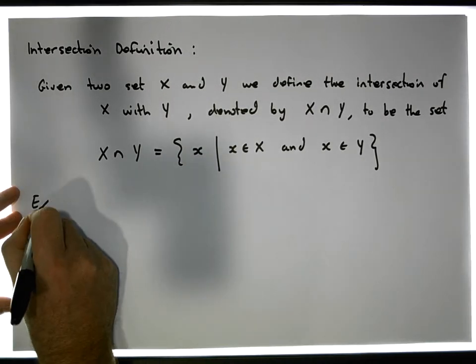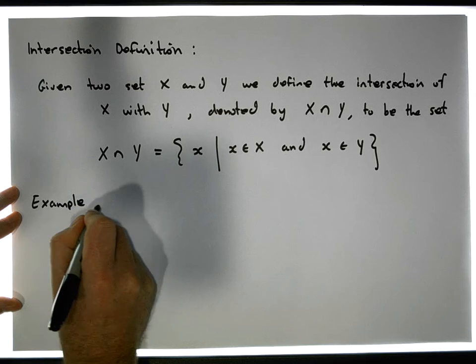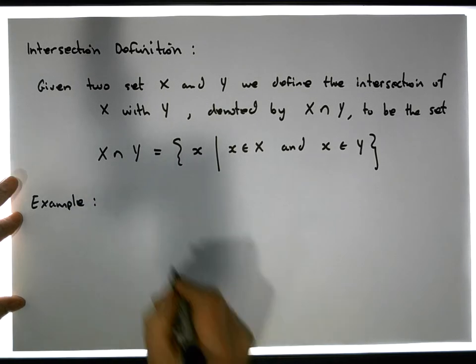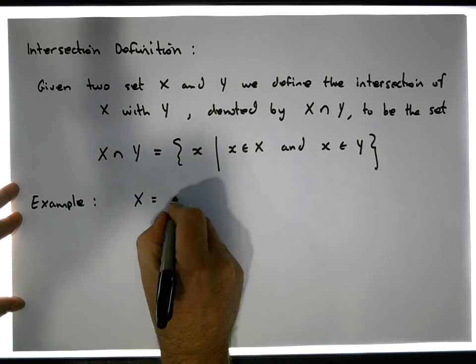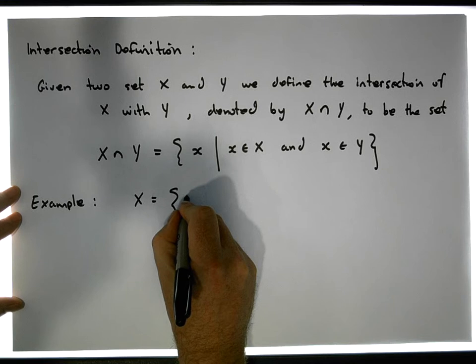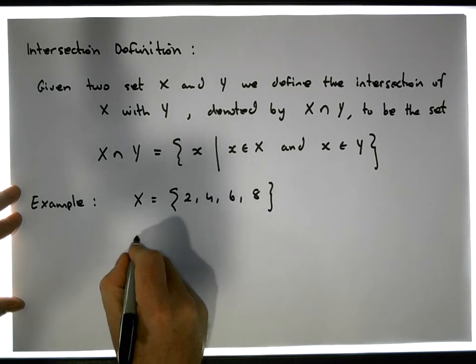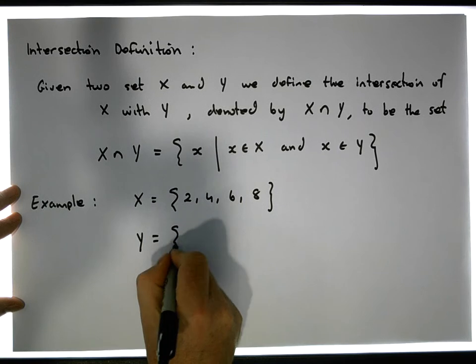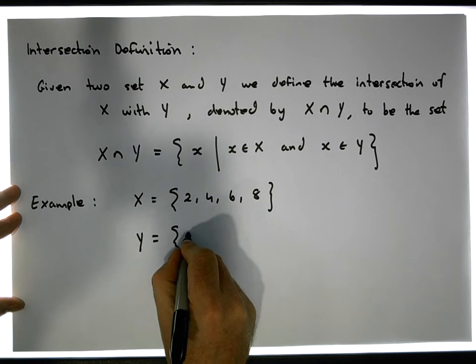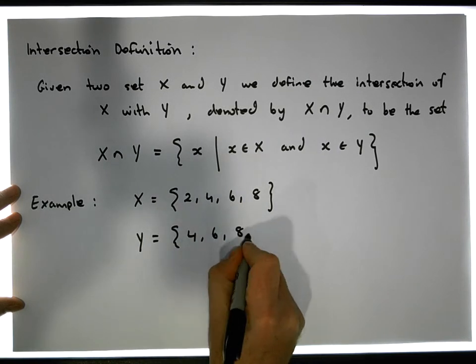So here's a quick example. Let's say X is the set that contains the values 2, 4, 6, and 8, and let's say Y is the set that contains the values 4, 6, 8 and 10.